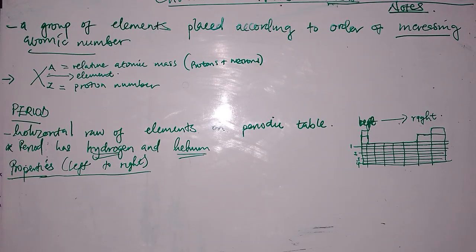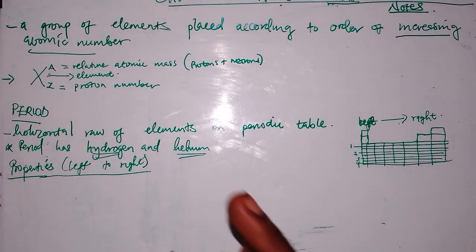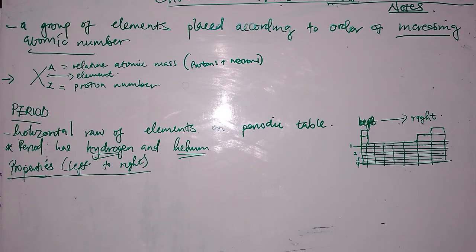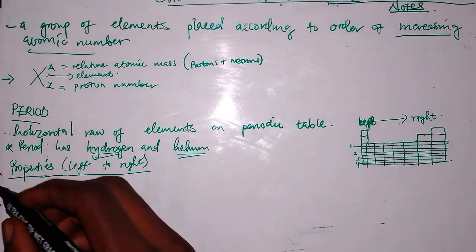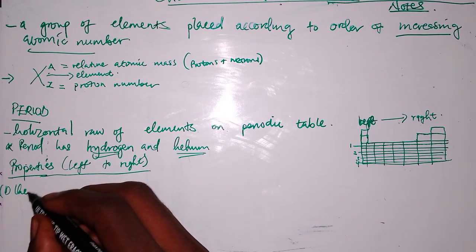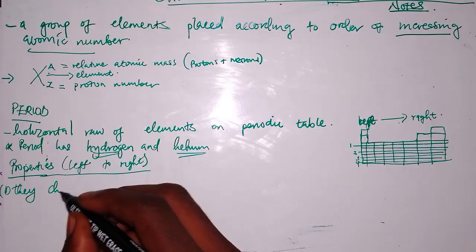The first property you need to know is that the elements change from metals to non-metals as you are moving from left to right.